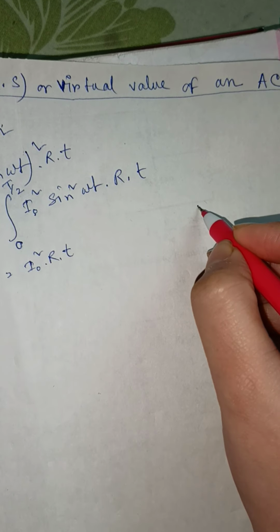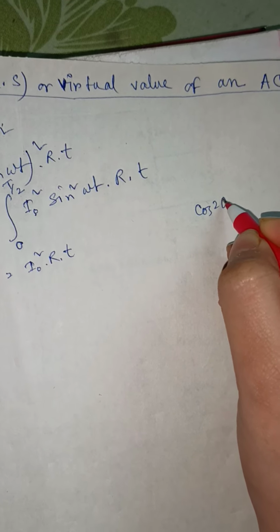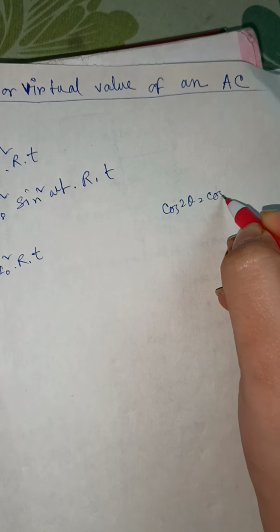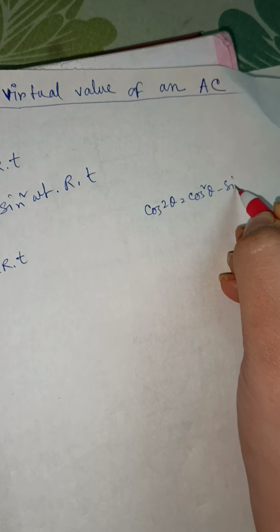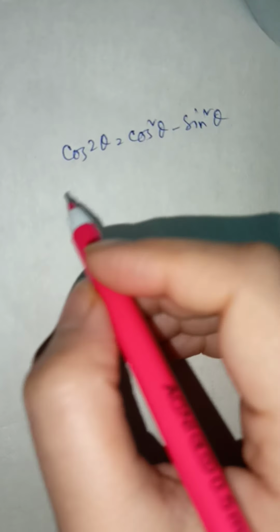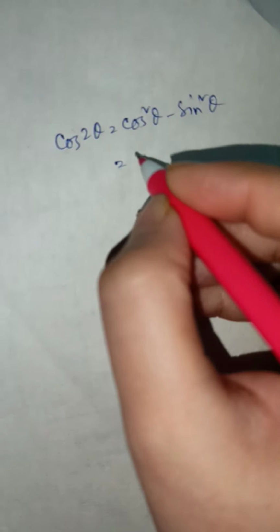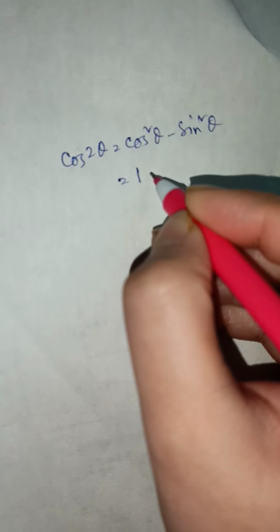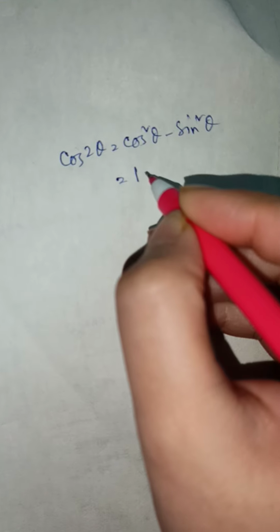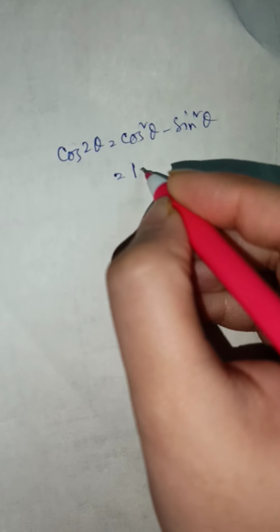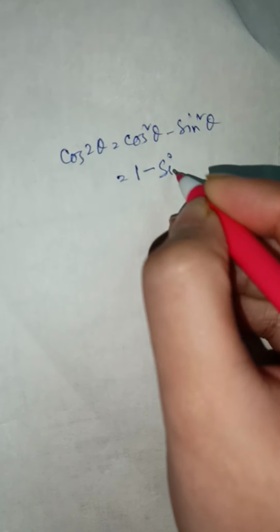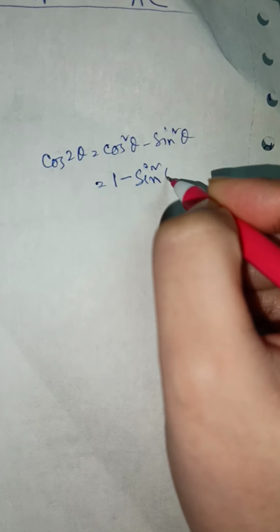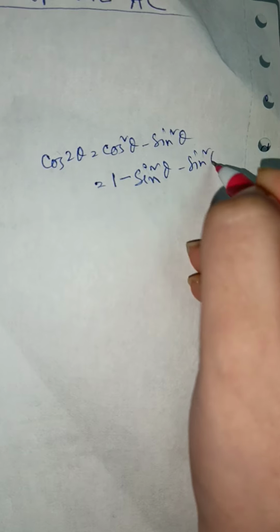We know that cos 2 theta equals cos square theta minus sine square theta. Now cos 2 theta equals, we can replace cos square theta by 1 minus sine square theta, minus sine square theta.